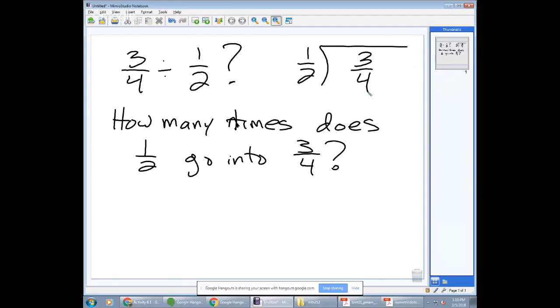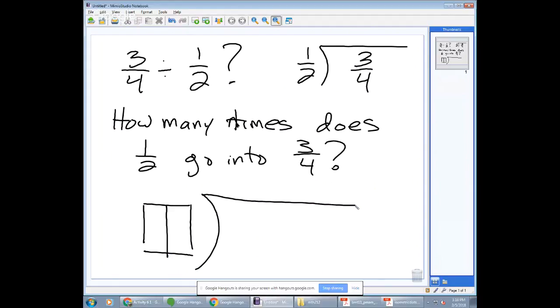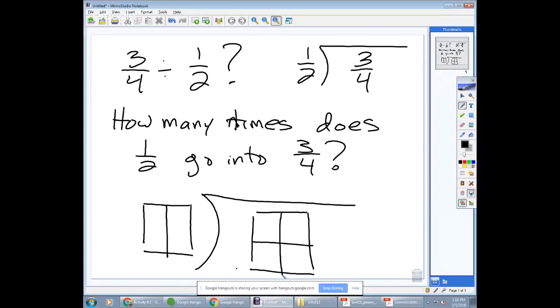Now I just need a picture of 1/2 and a picture of 3/4 to show that. First I'll do it as cakes. This can be my 1/2, and I want that to go into 3/4.